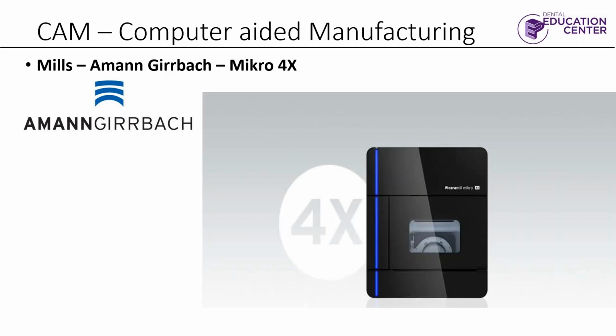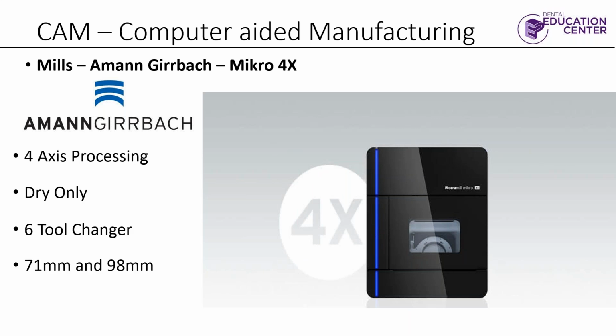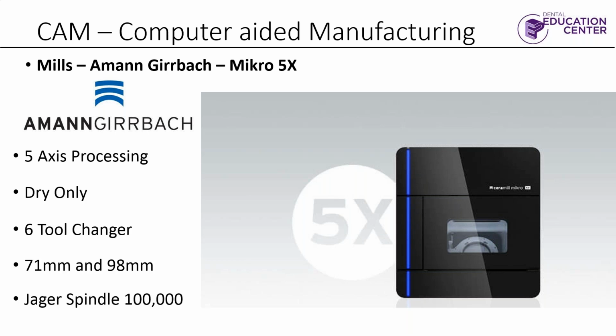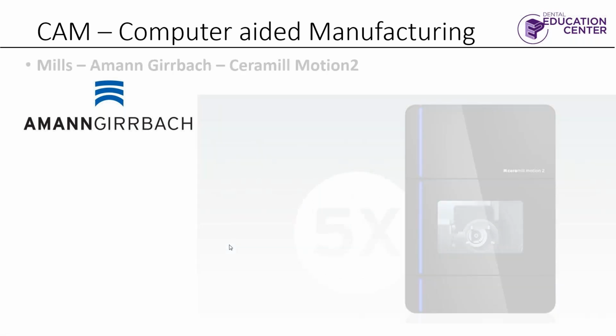The Micro 4X dry is, again, just a dry machine. This is kind of their entry-level machine to just dry processing. The Micro 5X, same thing, but it is 5X instead of 4X. 6-tool changer, both 71 and 98 millimeter pucks. 100,000 RPM spindle again, but it's got 5X processing.